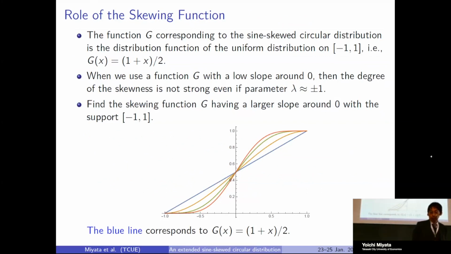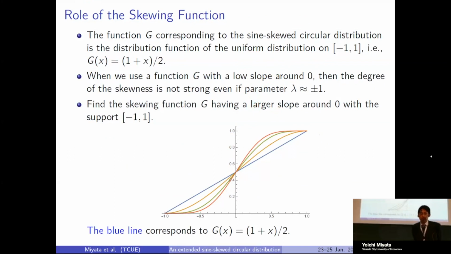Let me explain the role of the skewing function. The function capital G corresponding to the sine-skewed circular distribution is the distribution function of the uniform distribution on the interval from -1 to 1.